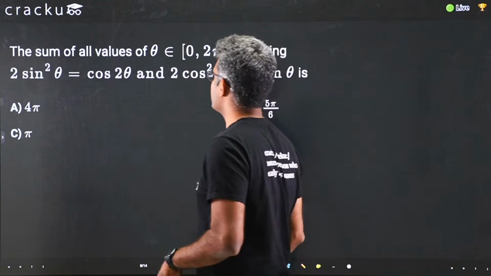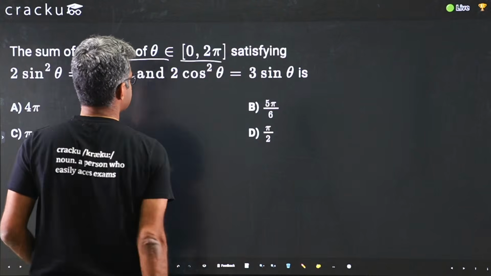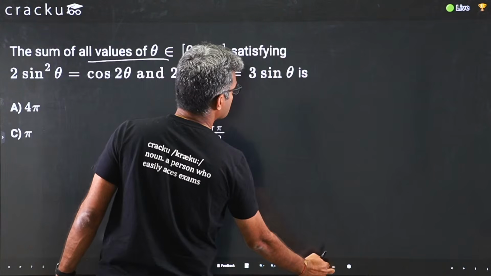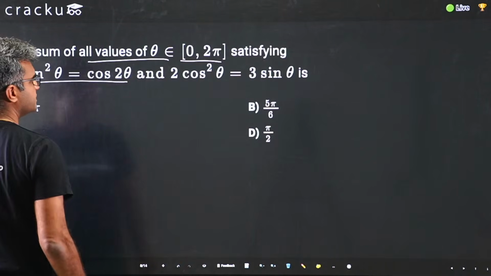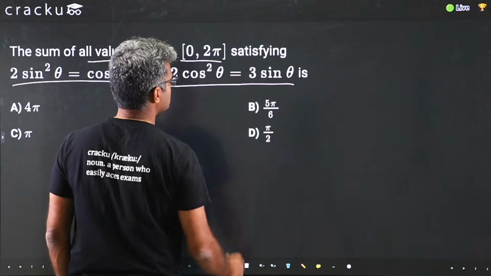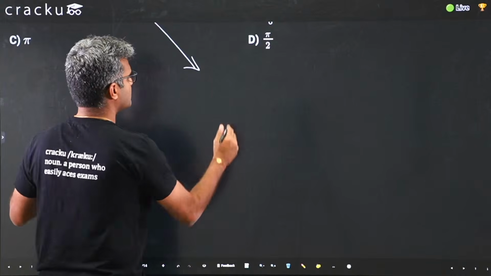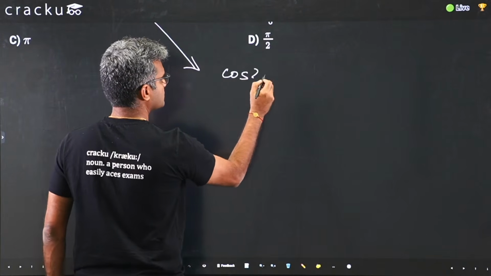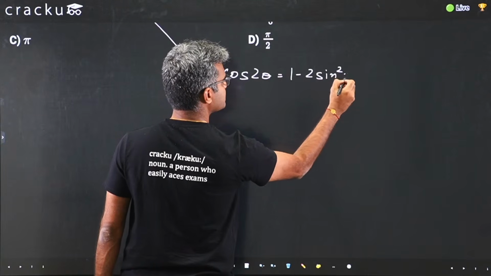In this question, we are asked to calculate the sum of all values of theta between 0 and 2 pi, satisfying 2 sin square theta is equal to cos 2 theta and 2 cos square theta is equal to 3 sin theta. If you are looking at the first equation, we know that cos 2 theta is equal to 1 minus 2 sin square theta.